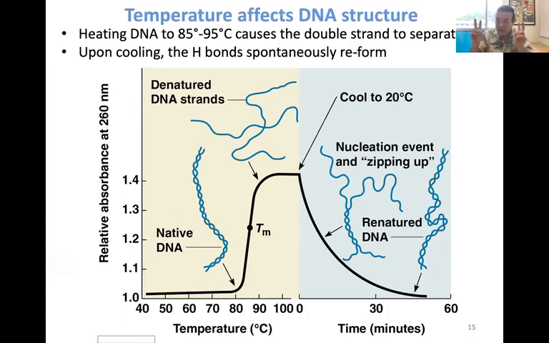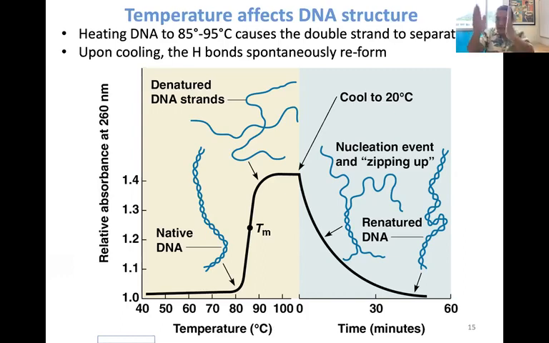The information is accessible, right? So in order for the DNA genetic code to be read, the DNA strands actually have to be temporarily separated so that particular proteins can come in and actually read it. This is one of the fundamental properties of why the structure of DNA is so important.